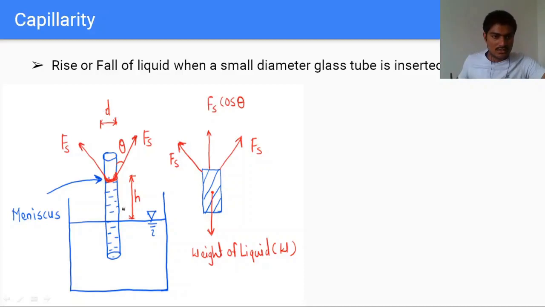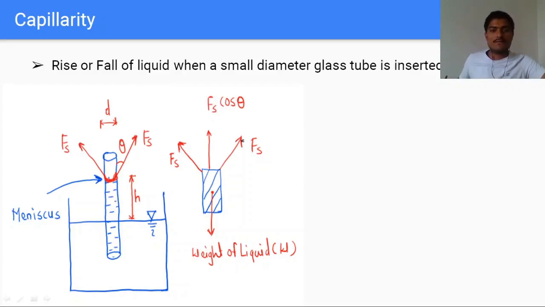If we have to determine the magnitude of this height h, we can consider this element raised in the glass tube.